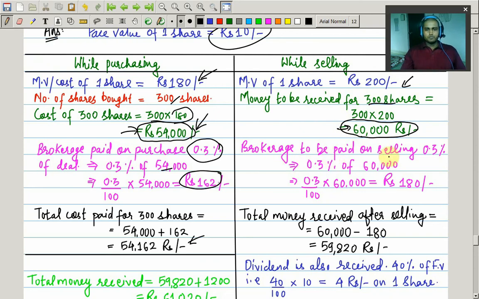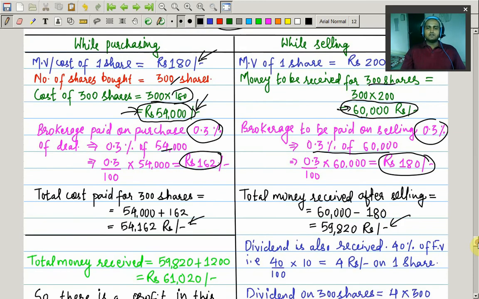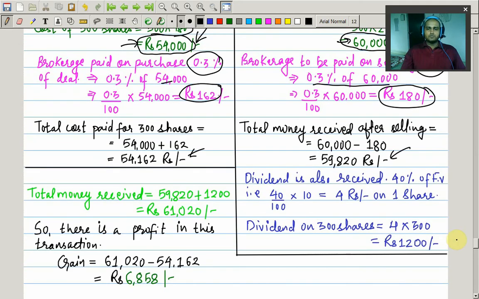Brokerage to be paid on selling is 0.3%. So 0.3% of 60,000 comes to 180 rupees. That will be subtracted from the 60,000, and it is 59,820 rupees. Now this is in my pocket.